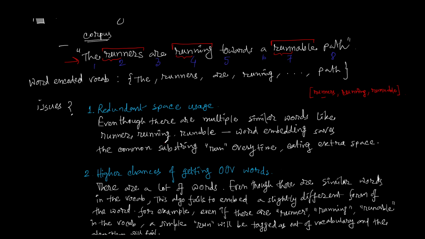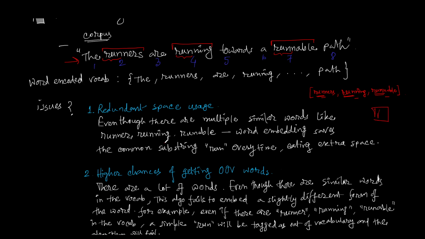So we will have all these three words, but this run part will occur every time, and take up space. This is one of the main issues of word embeddings. There are a lot of redundant space eatings.